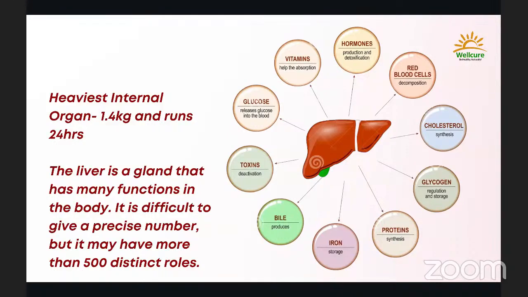And then it forms a lot of proteins, and also it breaks down unwanted protein in the body. It is a storage house for iron. It produces bile, which is needed for the digestion of fats and other vital stuff. Toxin deactivation: any pharmaceutical products, any other chemicals that are entering into the system are detoxified by the liver. Glucose metabolism, vitamins. So these are just basic stuff I'm going to talk about.